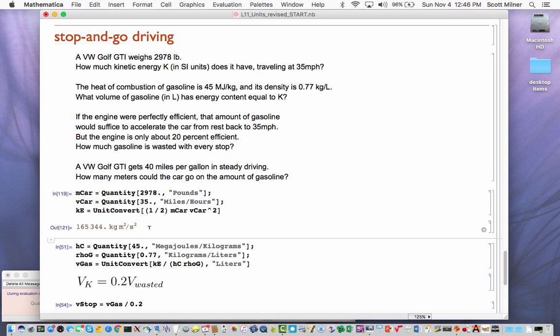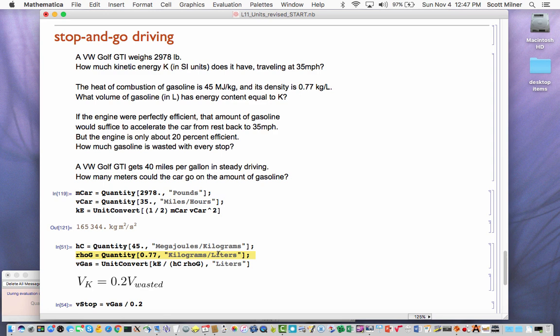So now I want to find out how much gasoline it takes so that the equivalent energy of burning it, if you could burn it perfectly efficiently and convert that to kinetic energy of the car, how much gas would it take? So the heat of combustion of the gasoline is 45 megajoule per kilogram, and the density of the gasoline is 0.77 kilogram per liter, and the product of those then is, of course, megajoules per liter, energy per liter, right?